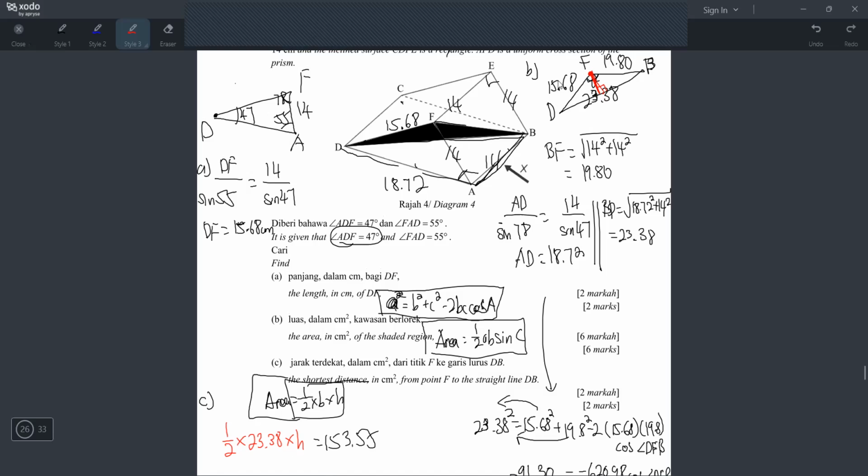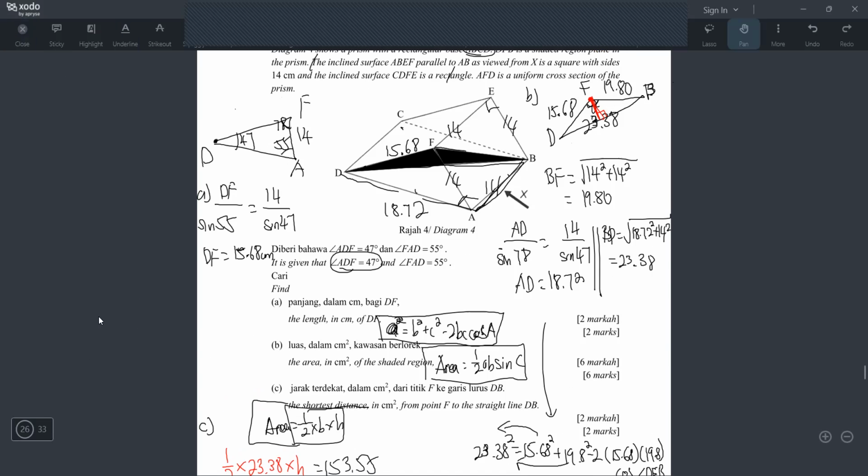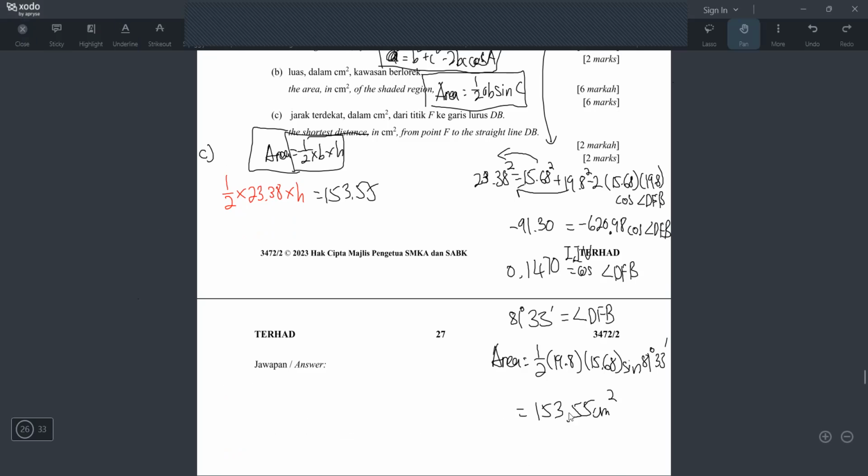Because if I make other lines the base, then my shortest distance will be different from what they want. So that's why I will take 1 over 2 times base 23.38 times this height equals 153.55, because 153.55 is the area of triangle, right? It's just that I did it just now using another method. Okay, and now I can find the H, which is the shortest distance.